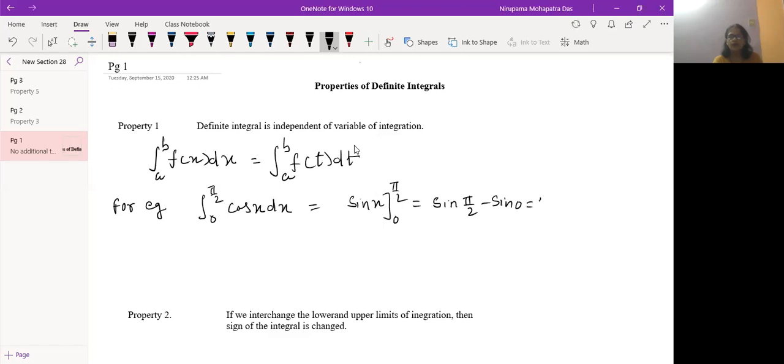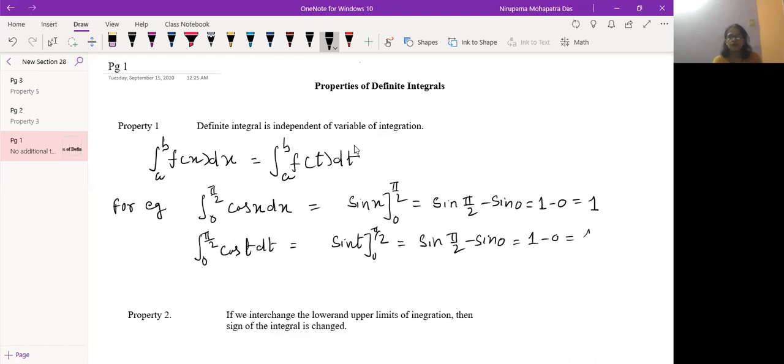Sin pi by 2 is 1, sin 0 is 0, so we are getting 1. Now let me change the variable of integration: the integral from 0 to pi by 2 of cos t dt. Here also we get sin t from 0 to pi by 2, so again sin pi by 2 minus sin 0, which is 1 minus 0, equal to 1.